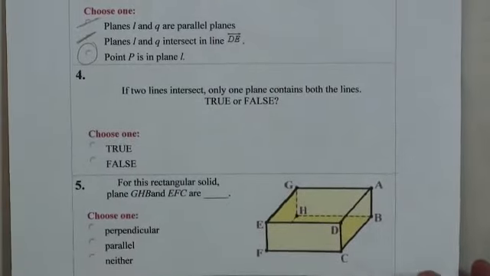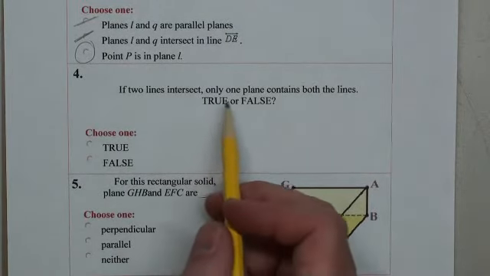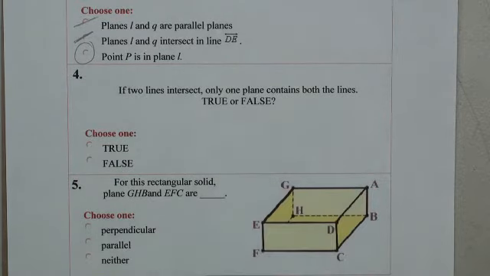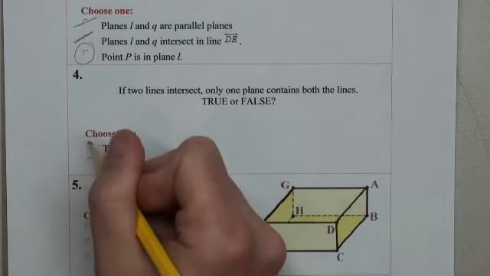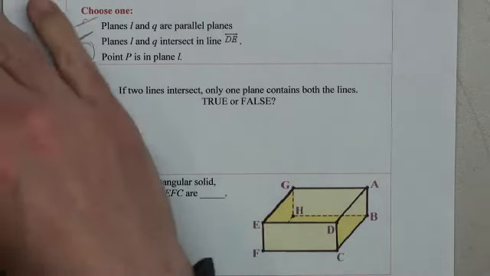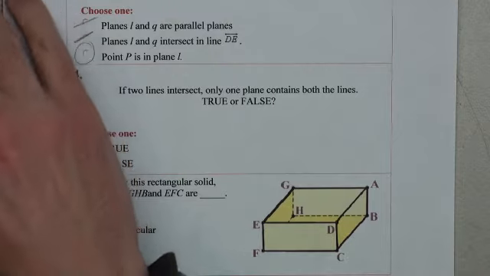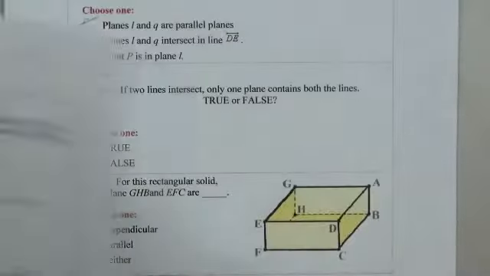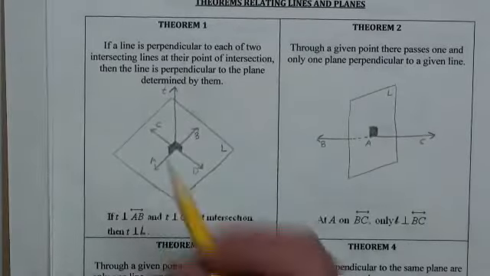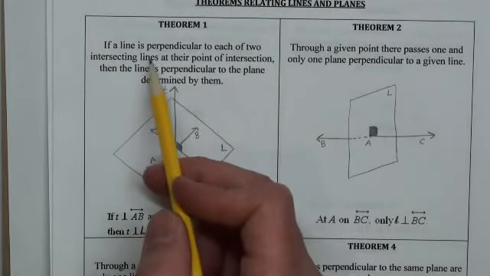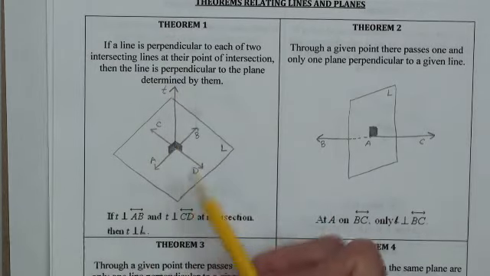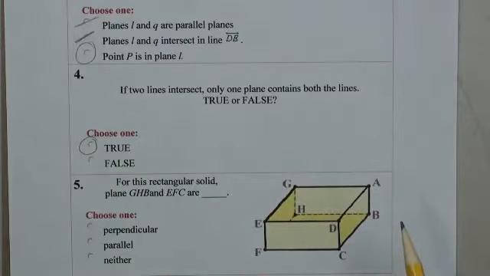Number 4. If two lines intersect, only one plane contains both lines. True or false? That's true. Is that one of our theorems? It's kind of part of theorem 1, because it says two intersecting lines, and then it says the plane determined by them. Any two lines always form a plane.